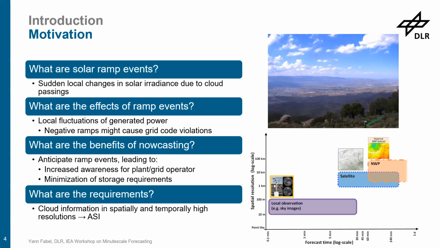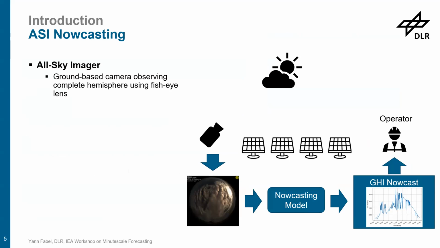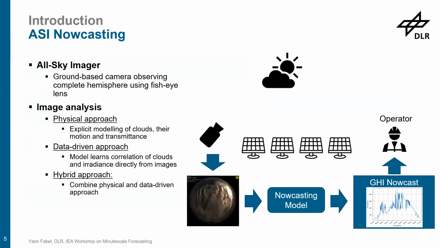But for this, of course, we need cloud information in very high resolutions, spatially as well as temporally. And as you already saw on this plot, I think at least twice, all sky images are the best resource for that. And what do we understand by all sky imager nowcasting? So we have this sky imager, which is a ground-based camera with fisheye lens, and we apply some image analysis.